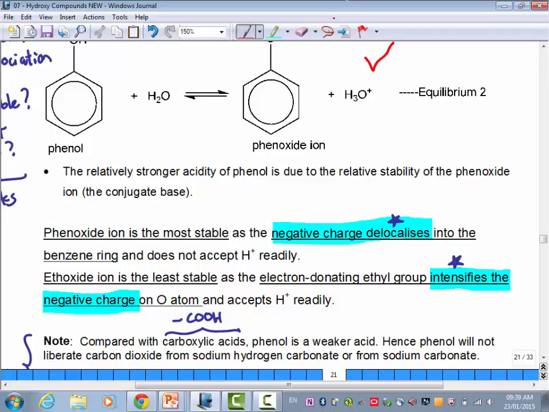On the other hand, for ethanol, after it gives off H+, the ethoxide ion has an ethyl R group which is electron donating. This intensifies the negative charge on O, thus making it less stable than the phenoxide ion. That is why phenol is a stronger acid than ethanol.